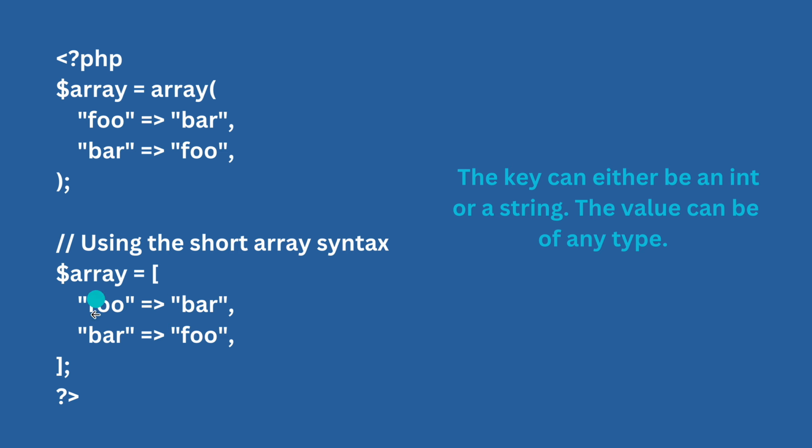And what type can this key be? String and integer. Good. And this value can be any type, like string, integer, float, array, object, null, or anything, whatever data type is supported in PHP.